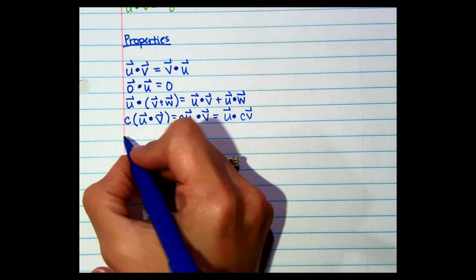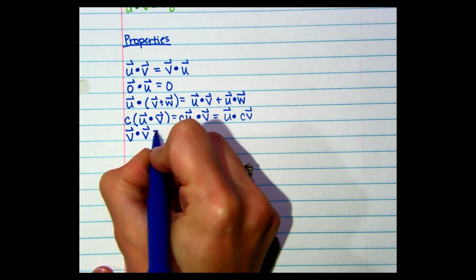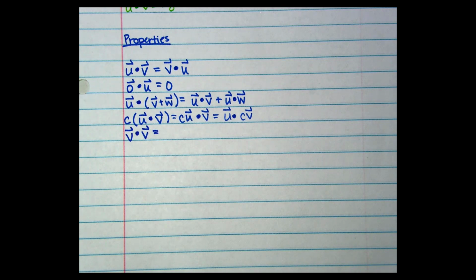Okay, and then one more thought here. What happens if I dot a vector with itself? How would I do that calculation? No, it's not doubling it.